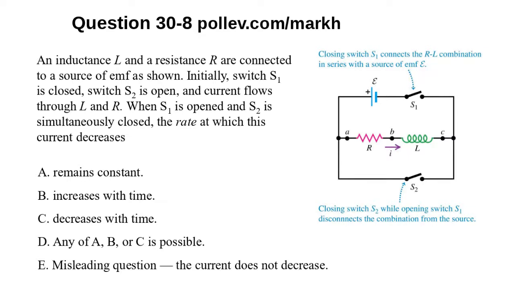When switch 1 is opened and switch 2 is simultaneously closed, the rate at which this current decreases is: A, it remains constant; B, increases with time; C, decreases with time; D, any of A, B, or C is possible; or E, misleading question, the current does not decrease.